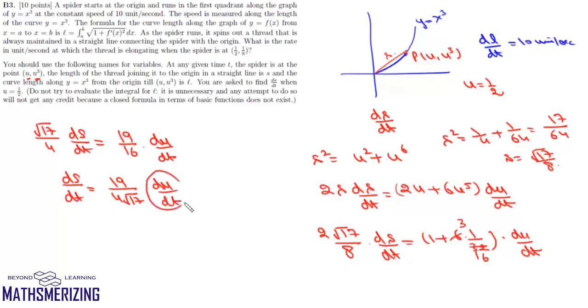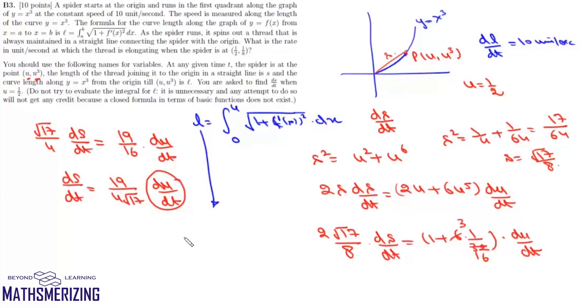Now we need to find out du by dt. Now we know that length of this curve L is given by this integral from 0 to u, and it will be under root of 1 plus f dash x whole square into dx. Now we'll differentiate it with respect to t.